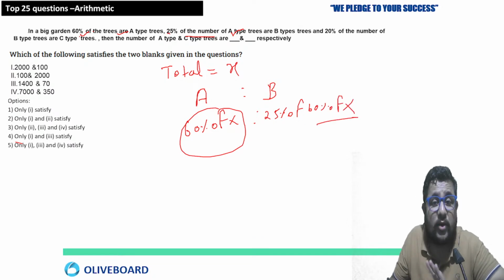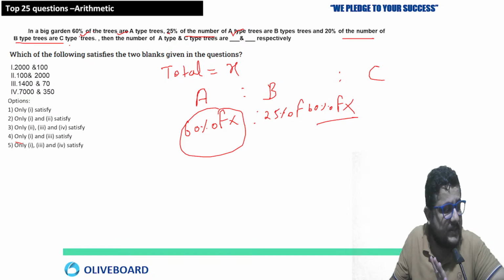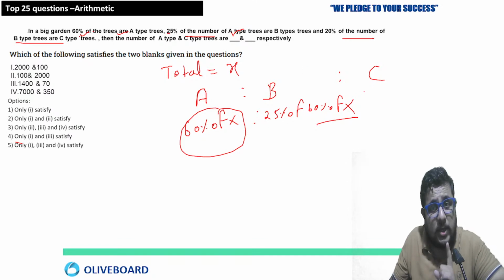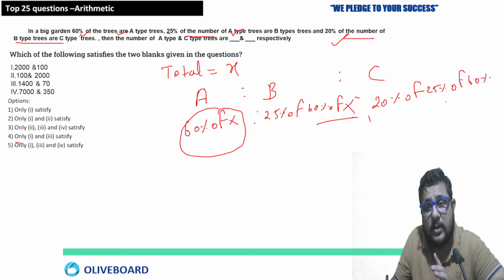Because they are saying 25% of A. Now see, B-type trees, and 20% of the number of B-type trees are C-type trees. Are you getting my point? So 20% of 25% of 60% of X.